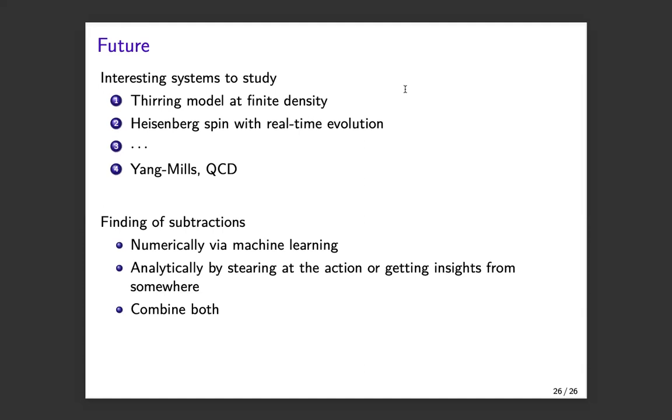It's also analytical work. Right, but this fourth point is very ambitious, right? Yeah, but you would need a neural network for that, to search for the right subtraction function.